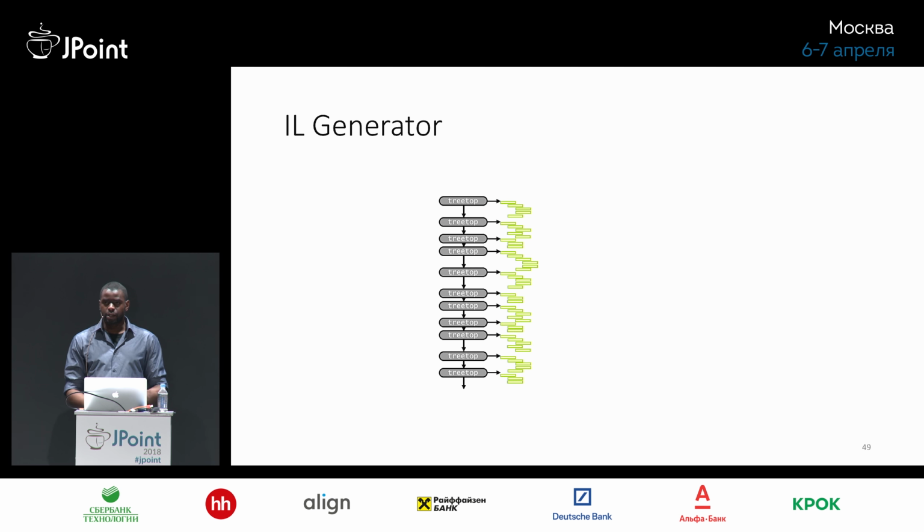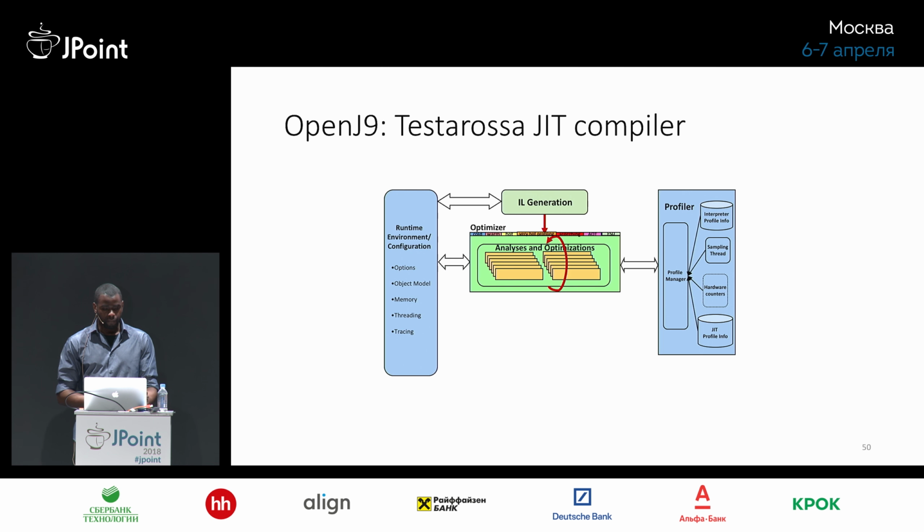Once the IL tree is created, it's passed to the optimizer. The optimizer's job is to optimize the IL tree. It does this by performing analysis on the profiling data and the static environment data. The profiling information lets it know how to optimize, what things to optimize, and how much to optimize.